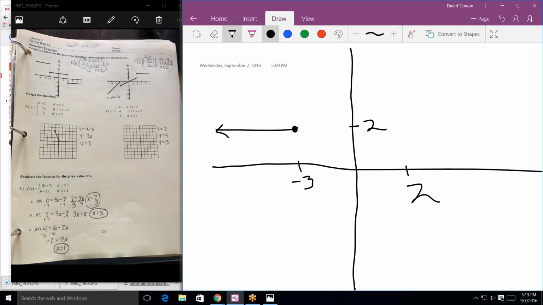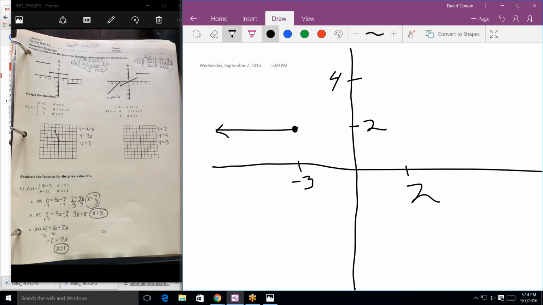How do I graph the function in that area between 0 and 2? Y equals 4. How do I draw that? You put it on 4.